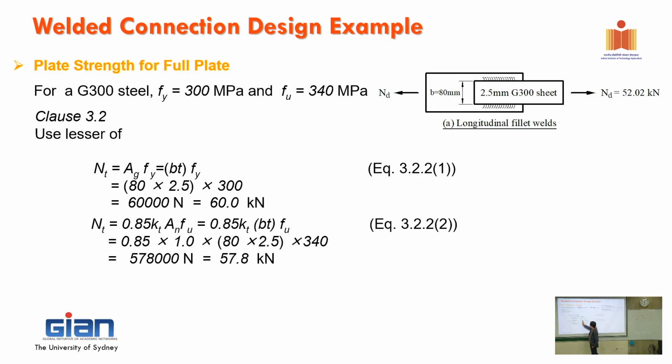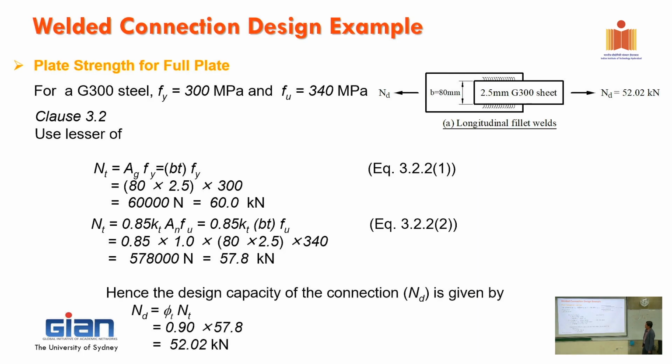But with the fracture, remember, we use FU, with 0.85 in front. So ultimately we calculate 57.8. So with only the tension of the plate, we have two criteria to check: one is yielding and one is fracture. Fracture now governs our design, a little bit smaller.